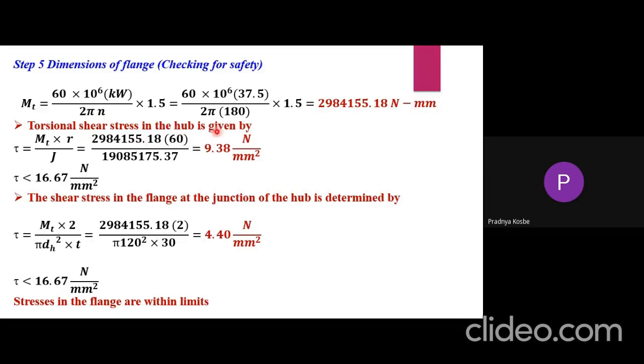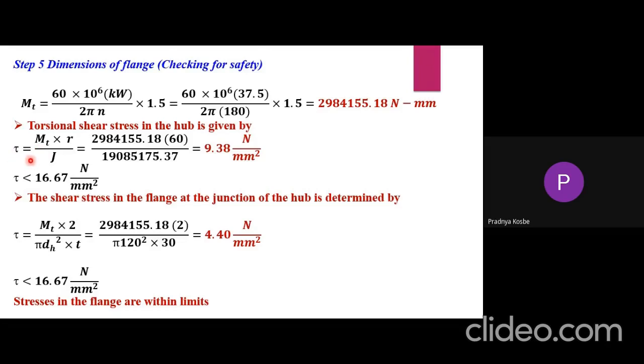Now torsional shear stress in the hub is given by tau is equal to MT into R divided by J. This is the torsional shear stress in the hub, by the torsional rigidity formula: MT by J is equal to tau by R, where MT is the torque, J is the polar moment of inertia, tau is the shear stress, and R is the radius.